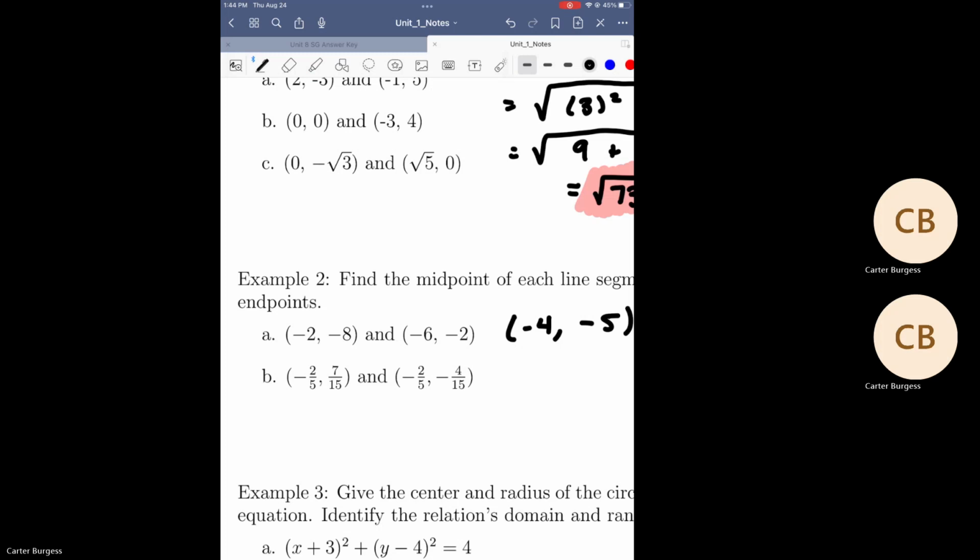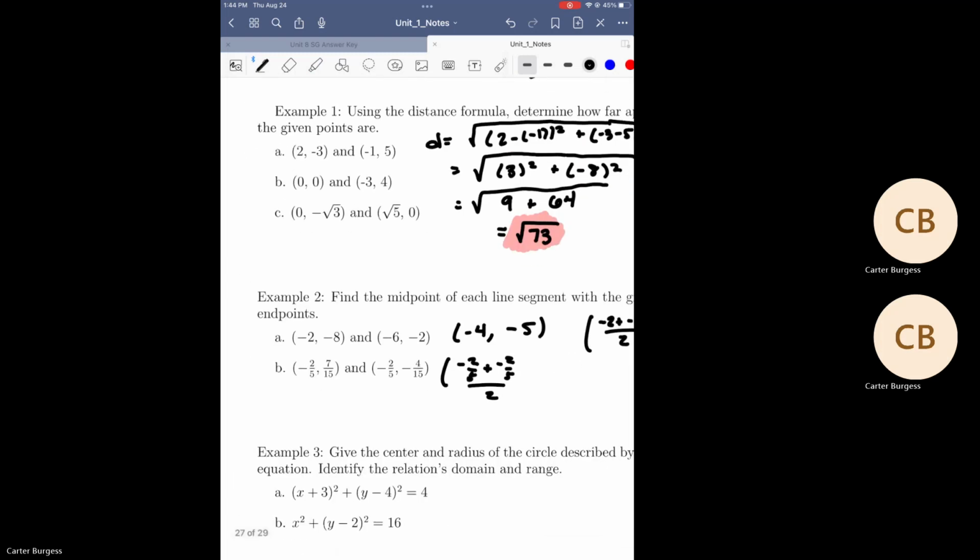As far as x values are concerned, the x value that lives perfectly in the middle of -2/5 and -2/5 is -2/5.